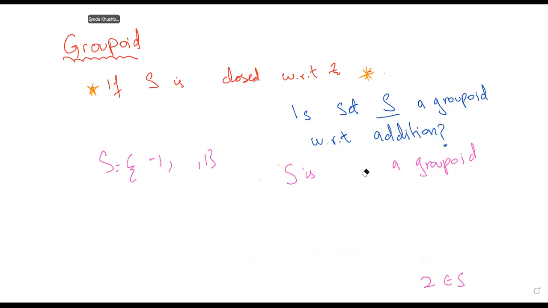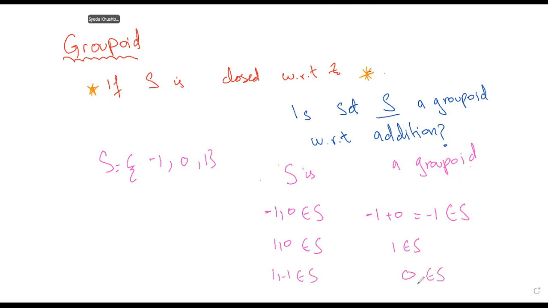Because although it does not have infinitely many elements, if I pick any two numbers belonging to S, I get -1 plus 0, that is -1, which belongs to S. If I pick 1 and 0, again I get 1 belonging to S, and if I pick 1 and -1, I get 0 belonging to S. So it is not necessary to have infinitely many elements, okay? Is it okay?